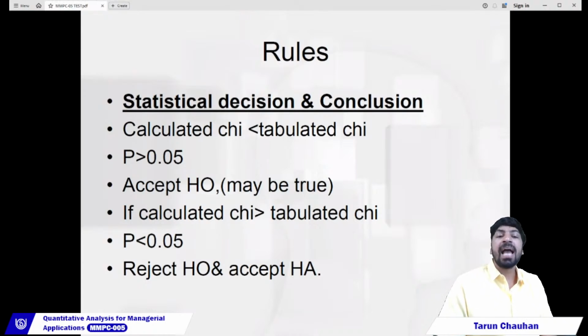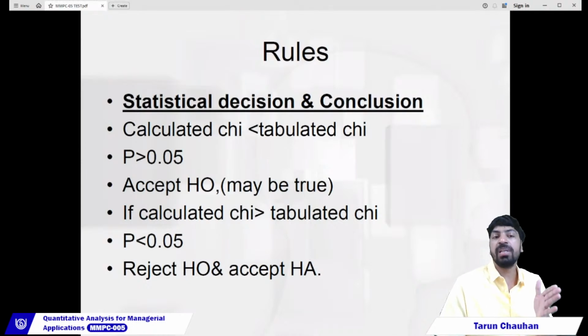If the calculated chi-square value is less than the tabulated chi-square value. What is the tabulated chi-square value? The value which is estimated based on the chi-square table, that's called the tabulated chi-square value.